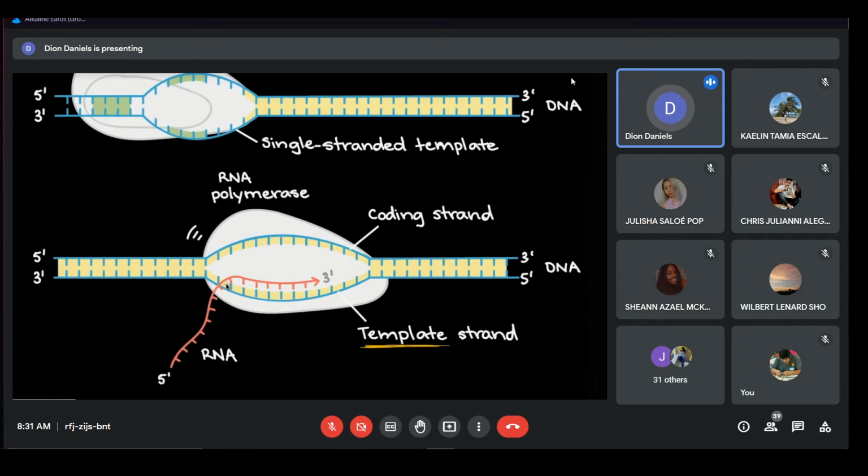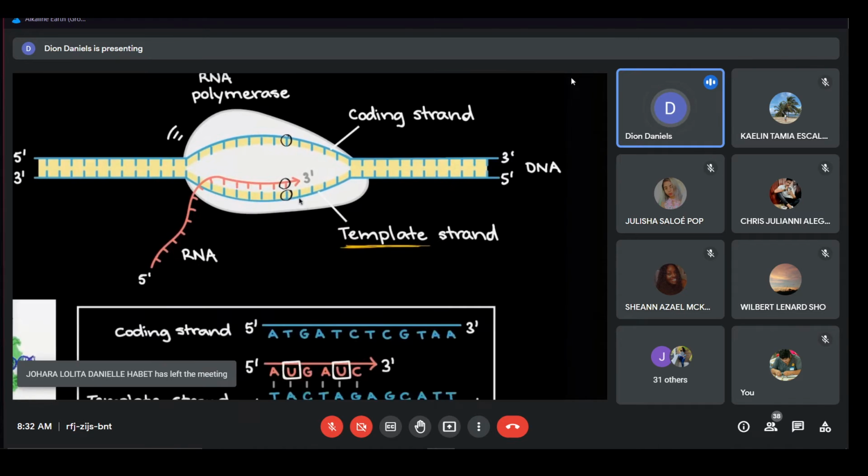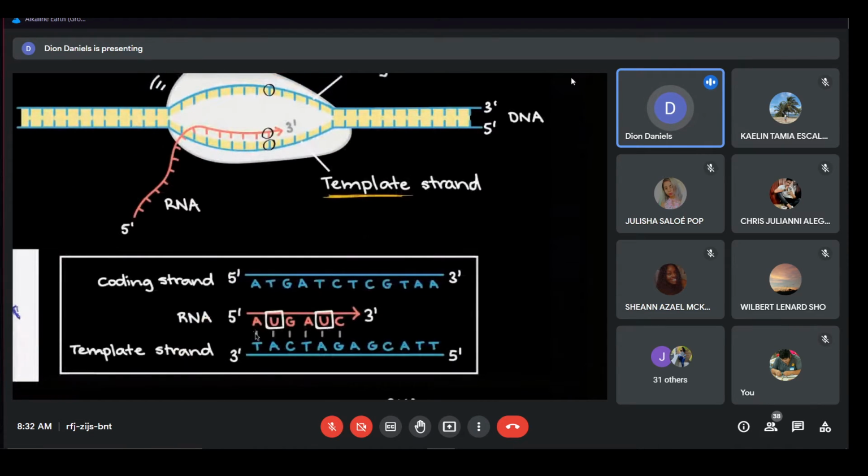But if you think about the information that the RNA is actually going to encode, it's going to contain the same information as the coding strand of DNA, the other strand, because this nucleotide is going to be complementary to this one over here, just as this nucleotide was complementary to that one over there.